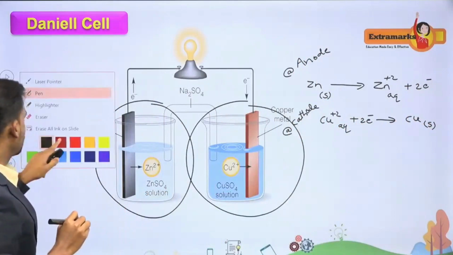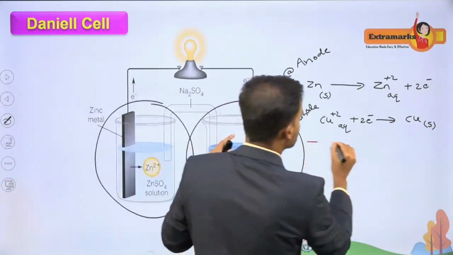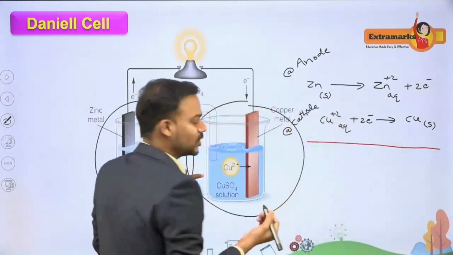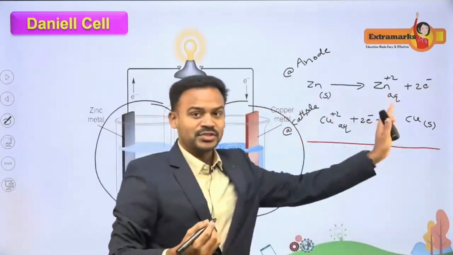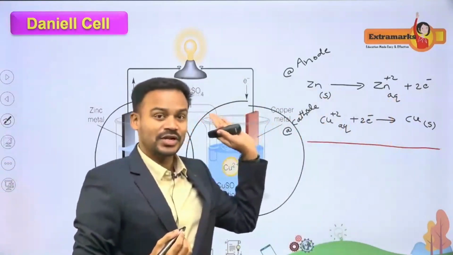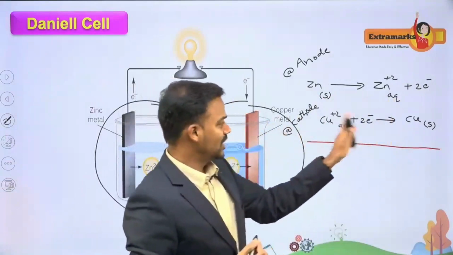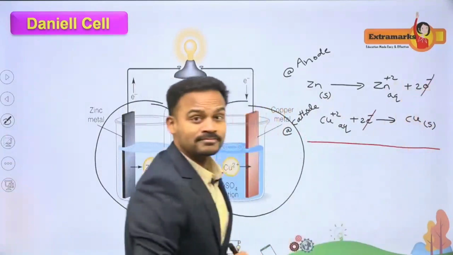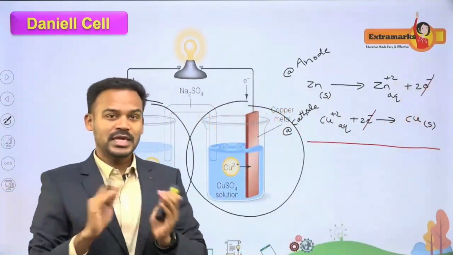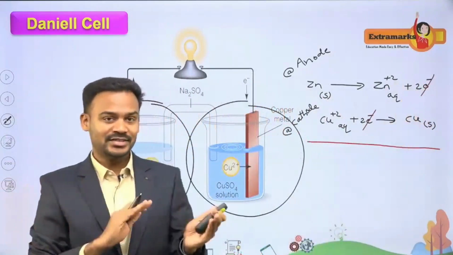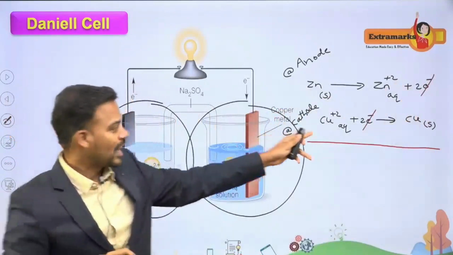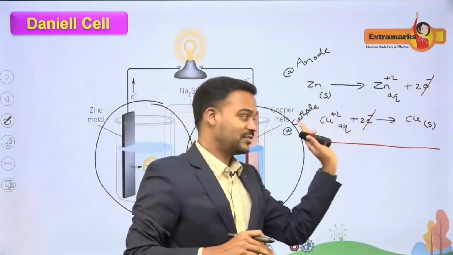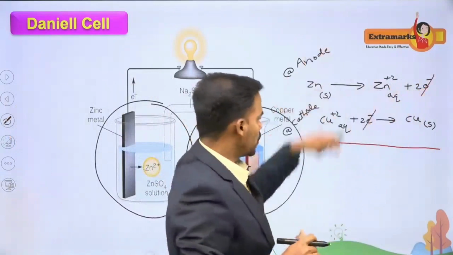Now when I combine these two processes together, what will I get? You know that the same things on the right hand side and left hand side will get cancelled in a chemical equation. You have 2 electrons on the left hand side and 2 electrons on the right hand side, so these 2 will get cancelled. So what is left over?